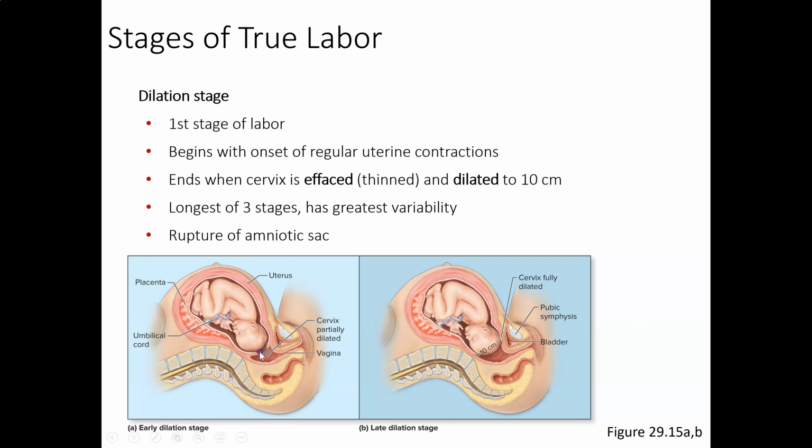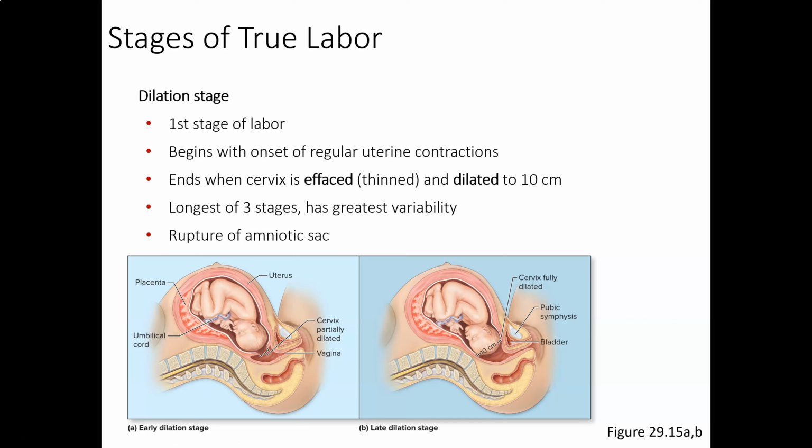This is showing you partial dilation of the cervix, and then full dilation to 10 centimeters. Why 10 centimeters? That's how wide your cervix needs to be for the fetus to come out. The head of the fetus is the widest point.